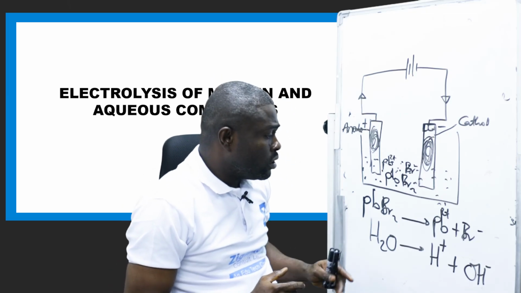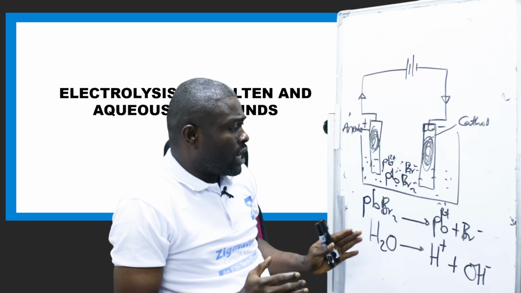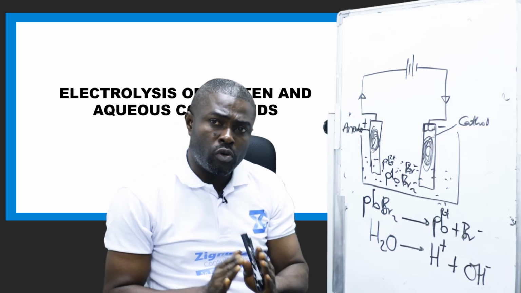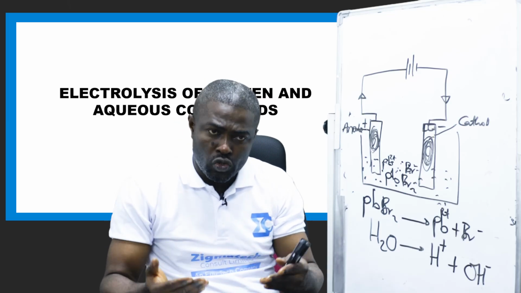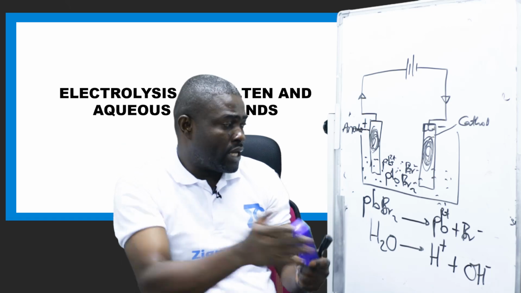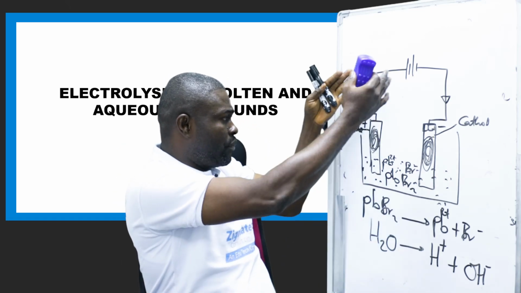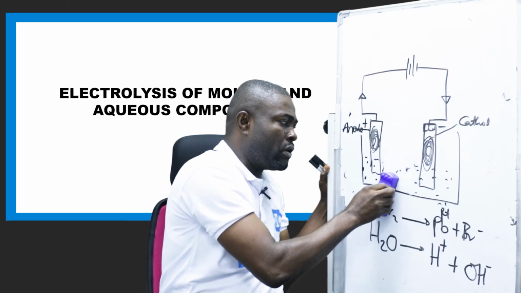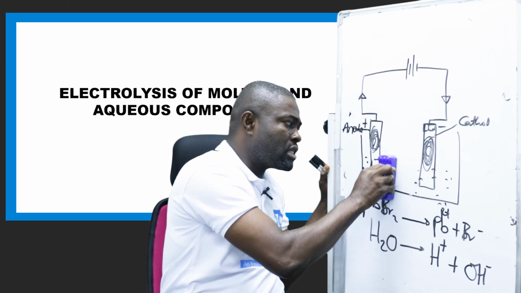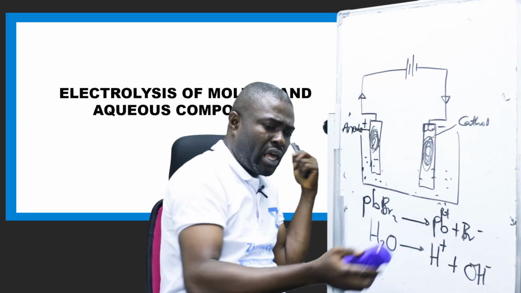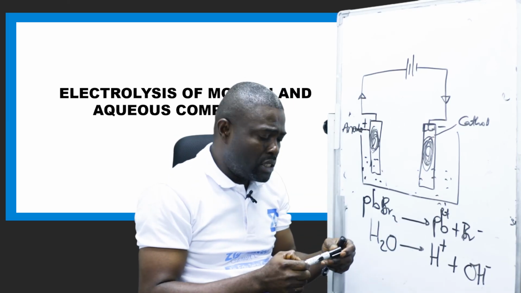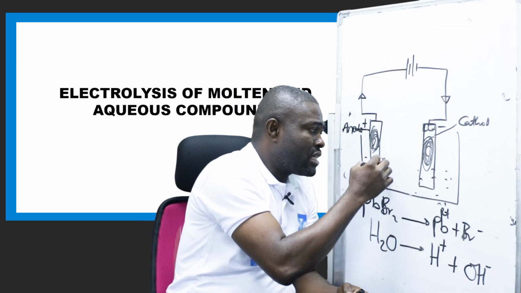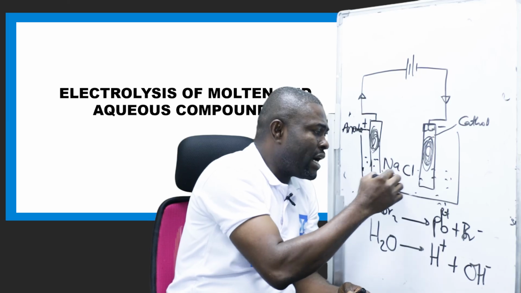Now, can we look at the electrolysis of molten sodium chloride and aqueous sodium chloride? Let's look at molten sodium chloride. Let us still keep the electrolytic cell intact. We are using it, but inside the electrolytic cell, what we have will no longer be lead-2 bromide, aqueous and molten, but sodium chloride and the water.